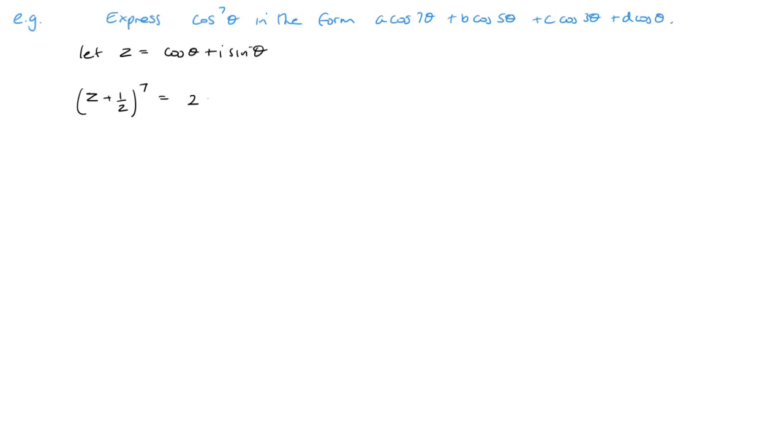So z plus 1 over z, and we're going to do this to the power 7. So that's going to be 2 cos theta to the power 7, which is 2 to the power 7, 128 cos to the 7 theta. Now also the expansion of that is going to be z to the power 7 plus 7c1 z to the power 6 times 1 over z plus 7c2 z to the 5 times 1 over z squared. I'm using binomial expansion here.